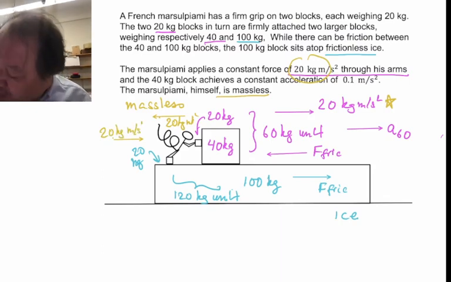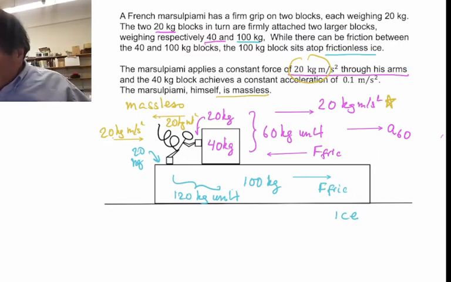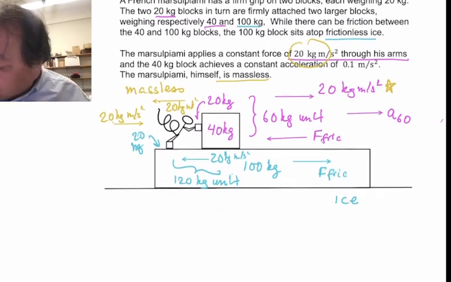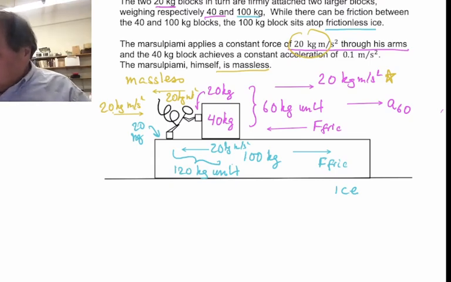And now we can figure out the force that the feet apply to the aqua region by Newton's third law. It's equal and opposite in direction, so I'll show that here, at 20 kilograms meters per second squared. And now when we look at the actual force equations, we'll see something very interesting happens. First, let's look at the 60 kilogram unit.